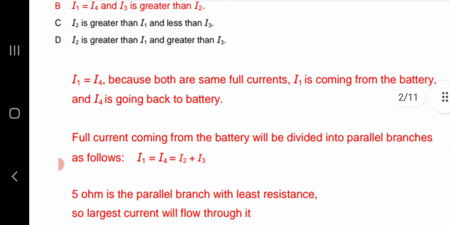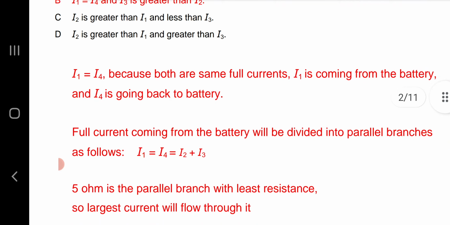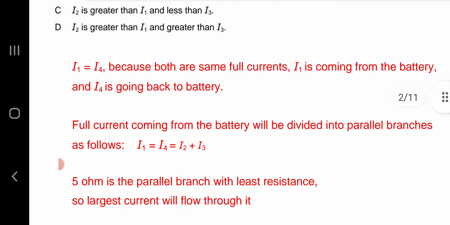Some explanation I can read for you. I1 is equal to I4 because both are the same full current from the battery. I1 is coming from the battery as conventional current, and I4 is going back to the battery, also as conventional current, coming from the positive plate of the battery and going back to the negative plate.